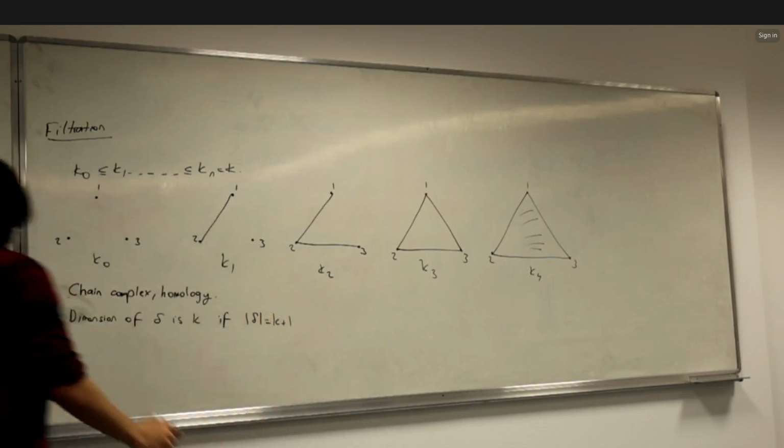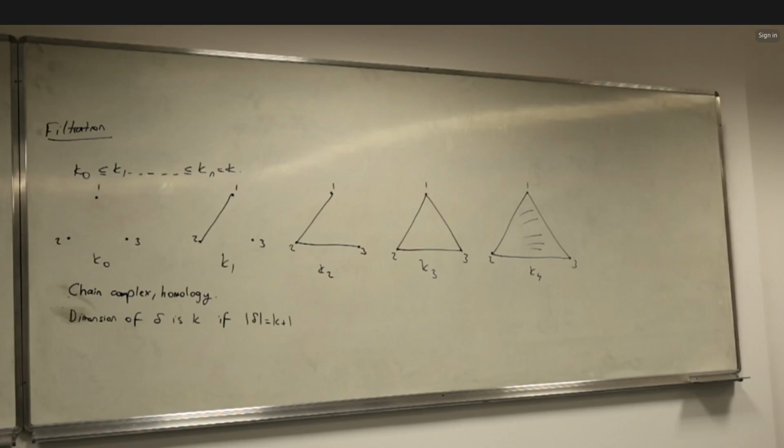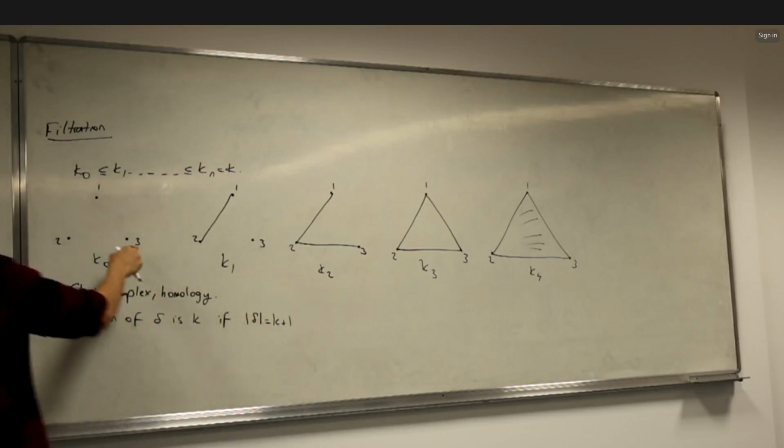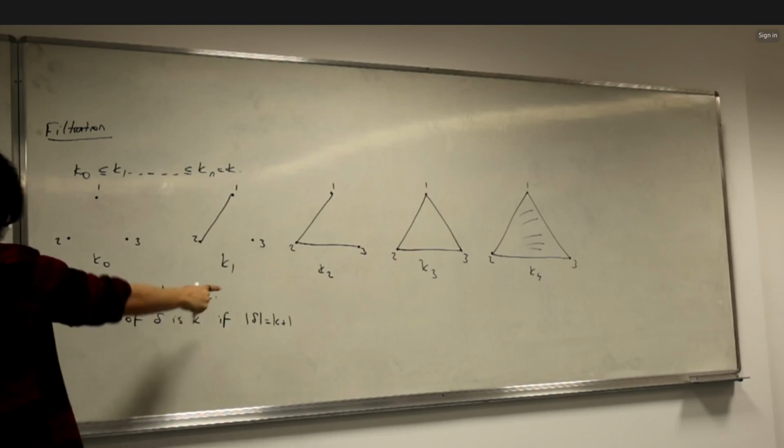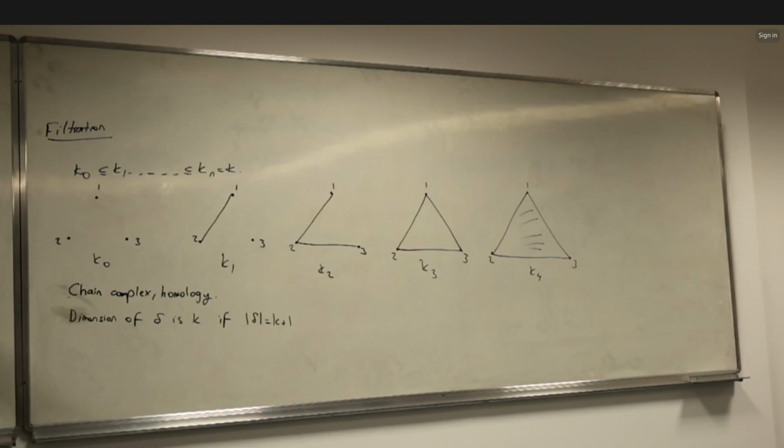So in our case, 1, 2, 3 will denote the zero simplices because their size is 1. And these edges will have dimension 1, and this will have dimension 2. So by using that, we can define a chain complex.